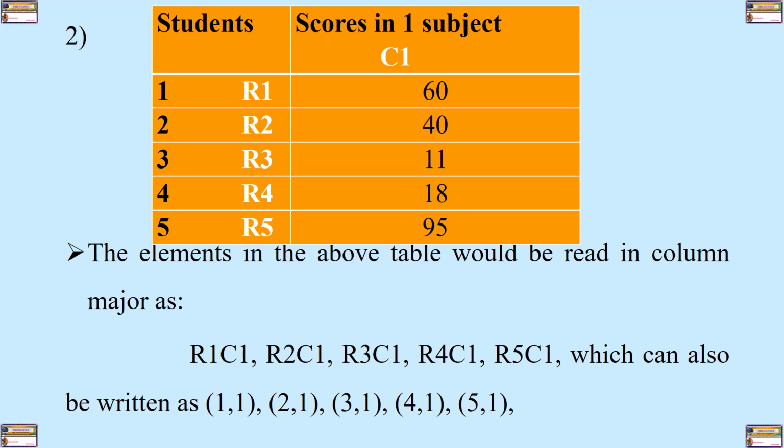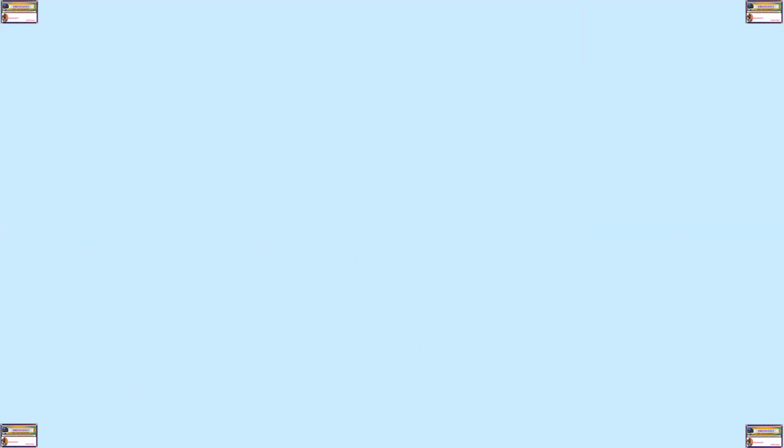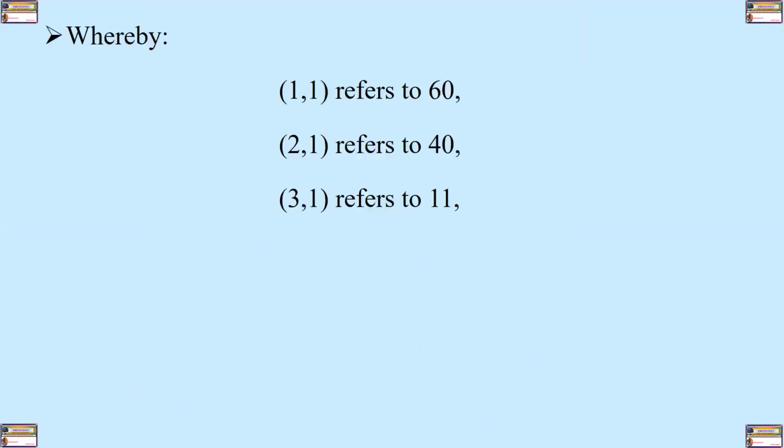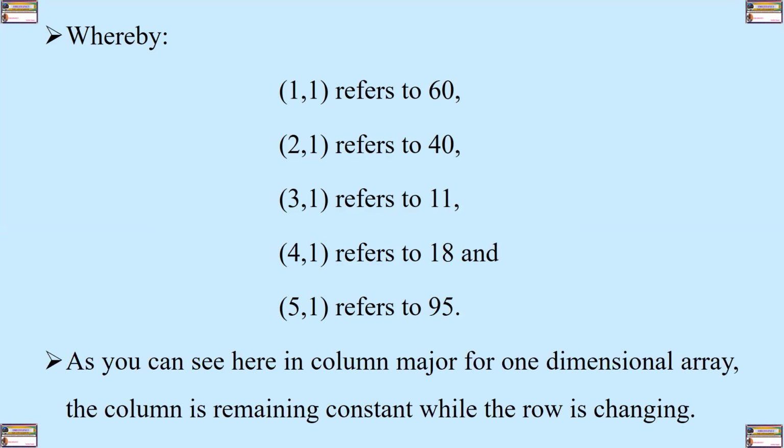The only difference is that we read the entire row first and complete it. For column major, we read every element in a column, and we complete the column first. So we can use 3, 1 to refer to an element. When we talk about 3, 1 in a certain array, you can easily tell what we are referring to.